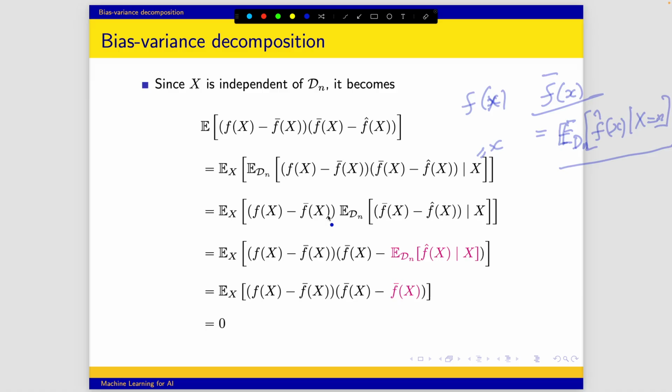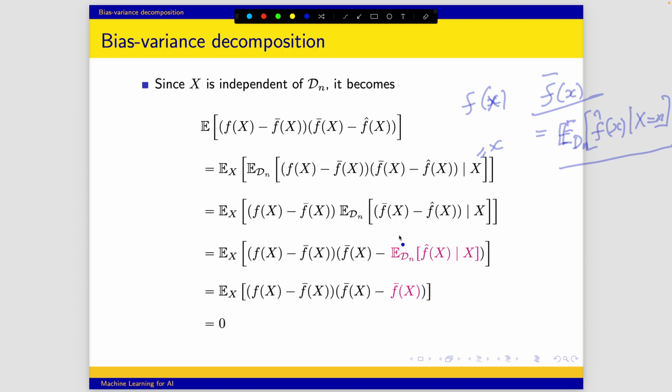So we can push this through here and apply it only to this term, because this has no dependence on the training sample. So we've got the expected value over x of this thing times the expected value over the random sample of this quantity here, which does depend on the random sample, conditioned on x.